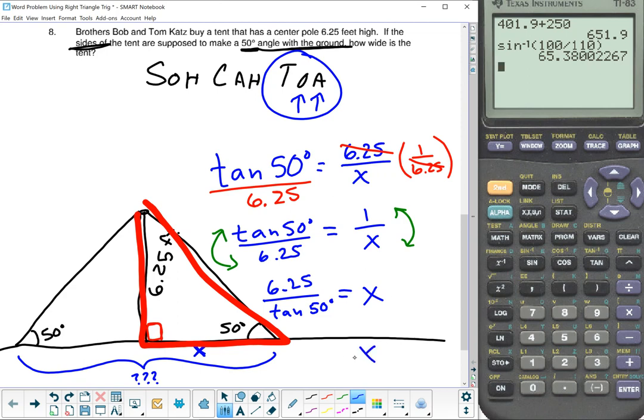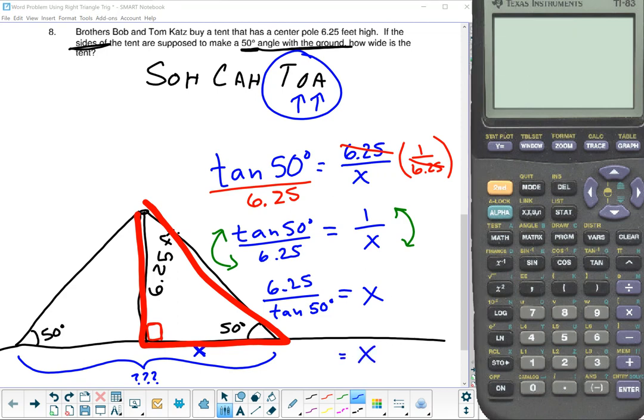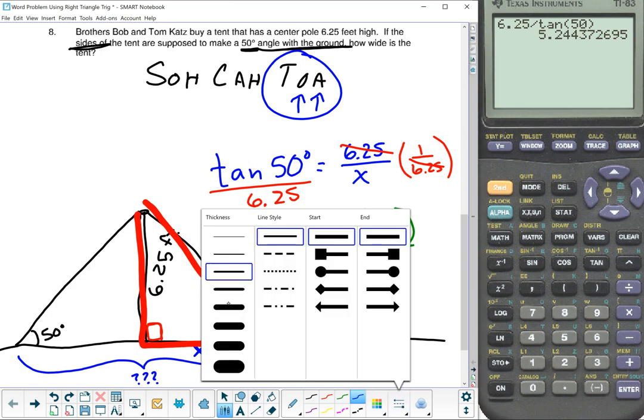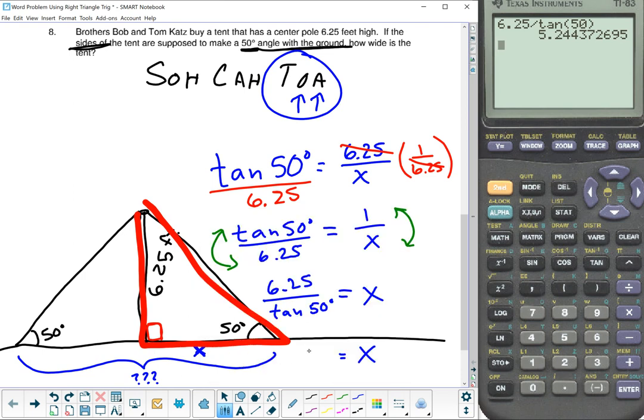So what is x equal to? That's for your calculator to figure out. 6.25 divided by tangent of 50 degrees gives a total of 5.244, so I'm going to go with 5.2. So x is equal to 5.2 feet.